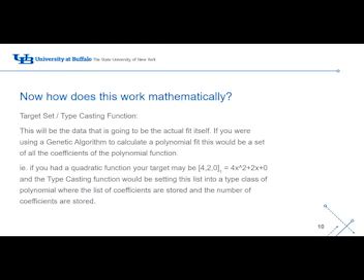Then you would know that the 2 would be at the first index, so it would be 2 times x to the 1. You would know that 4 is at the second index, and you would say, okay, 4 times x to the 2, so it's 4x squared.